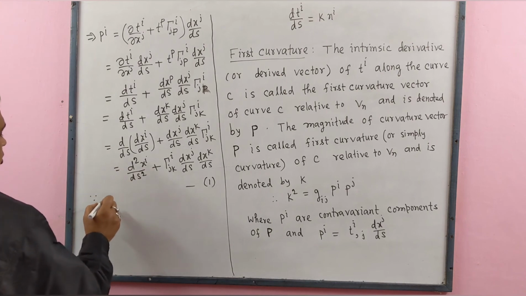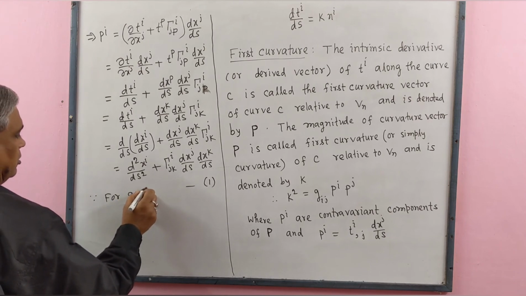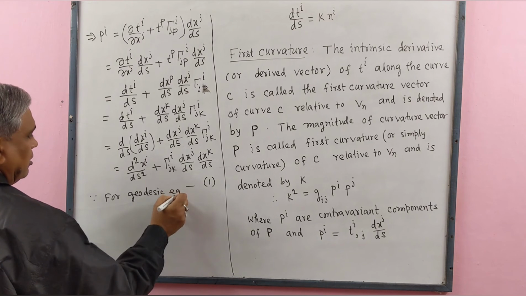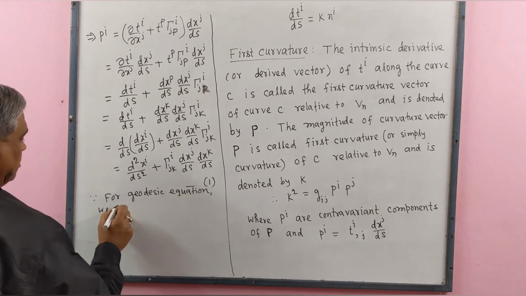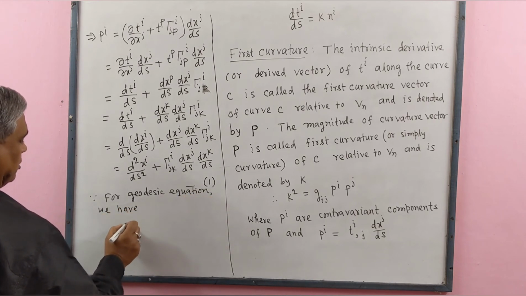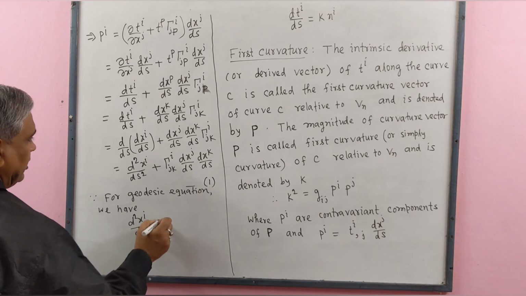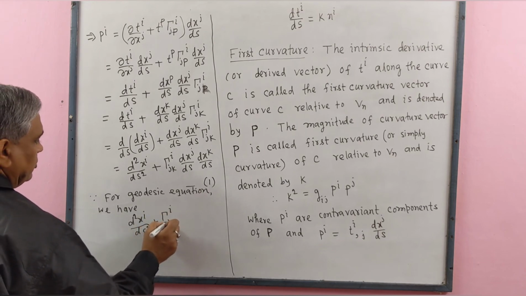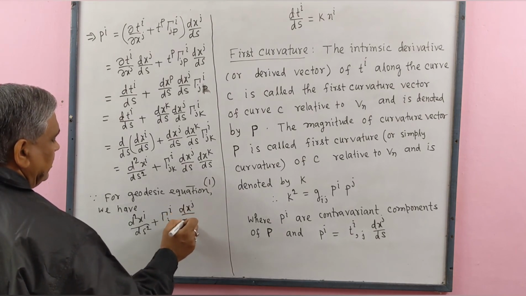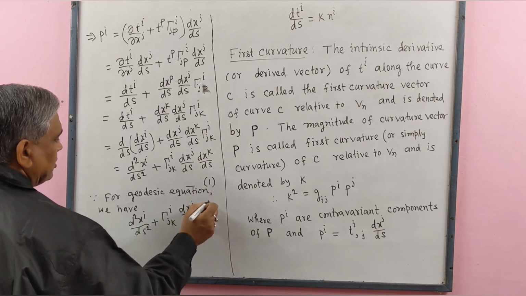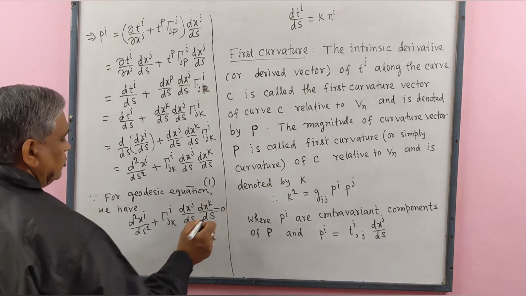Since for geodesic equation we have d2xi by ds square plus Christoffel symbol second kind ijk dxj by ds, dxk by ds equal to 0.